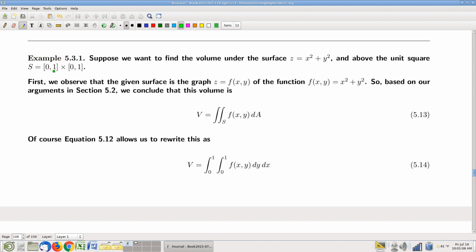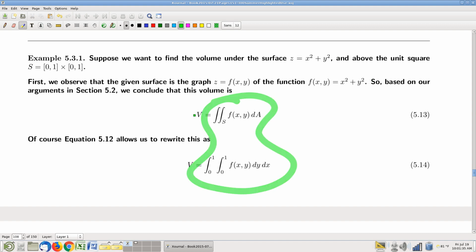Let's compute the volume under this surface. Notice that this surface is a graph. Namely, this function right here is what's giving me height as a function of x and y. So because we're looking at a graph, that's our function. That is our integrand. And volume is a double integral. Double integrals, we just argued, are iterated integrals.